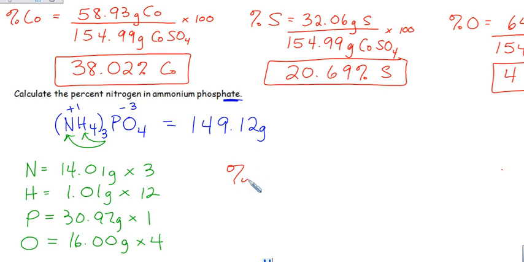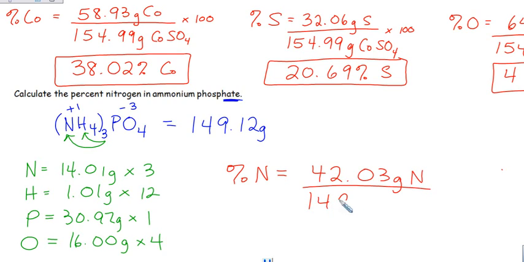I would need to see percent nitrogen equals 3 times the mass of nitrogen. I want the total amount of nitrogen. So 3 times 14.01 is 42.03 grams of nitrogen. Divided by the mass of the compound, 149.12.